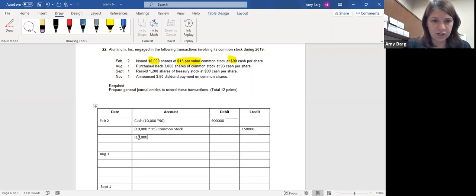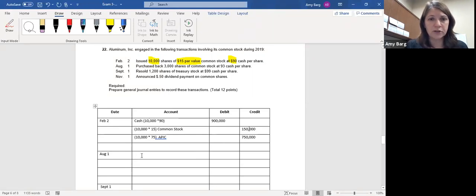There were 10,000 shares times 75. So that is what goes to the APIC account. And so that's 750,000. So now the 900,000, we can see how that was divided between the common stock and the additional paid in capital.